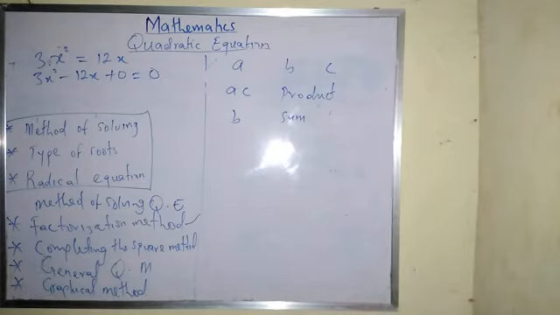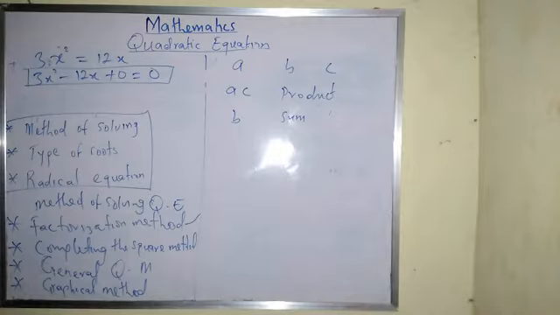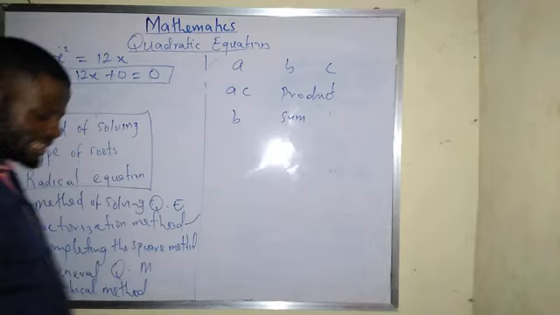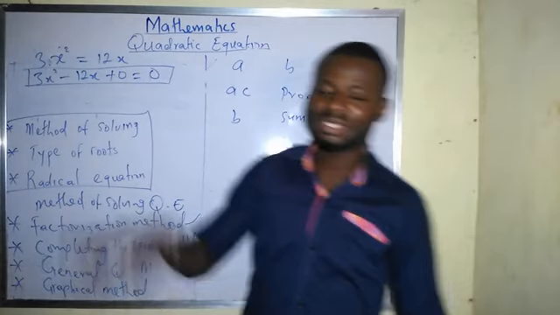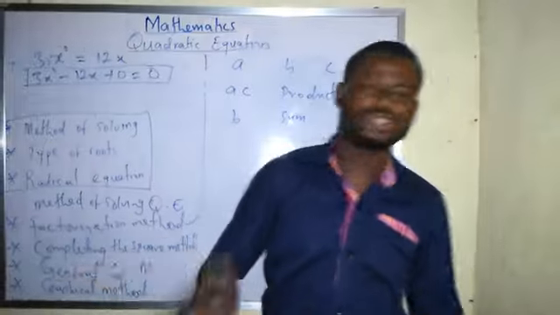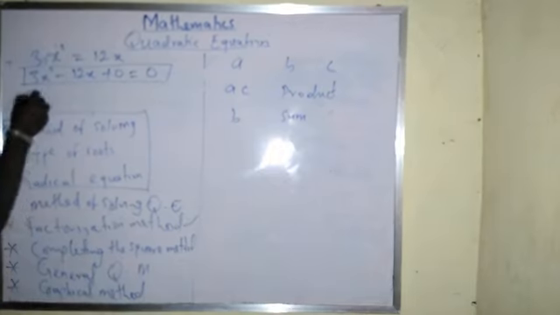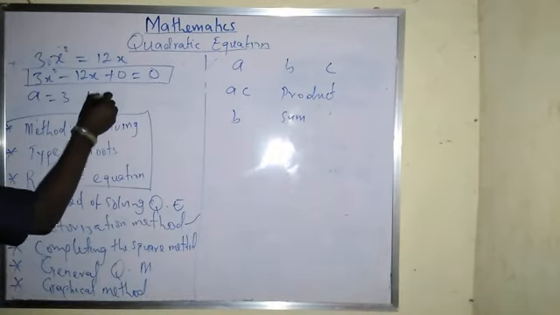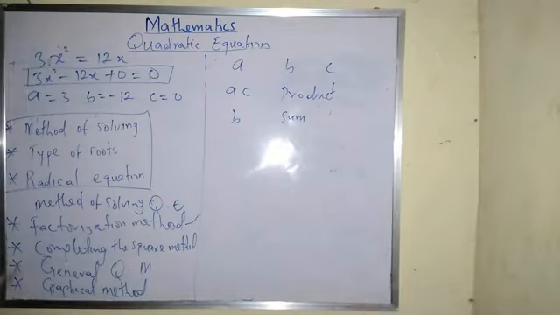Very, very common. At this point, I'm expressing it in the normal way of a quadratic equation, because I said at the beginning of the class that it has a general form, and the general form is ax squared plus bx plus c equals 0. Now it means my a equals 3, my b equals minus 12, and my c is 0. And that is all about that.